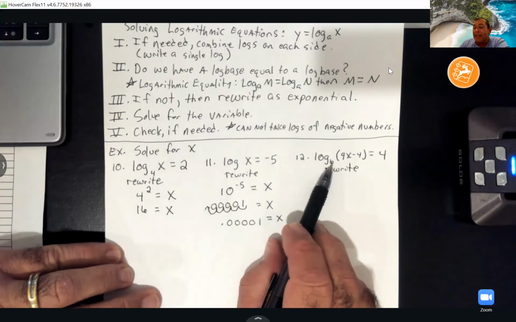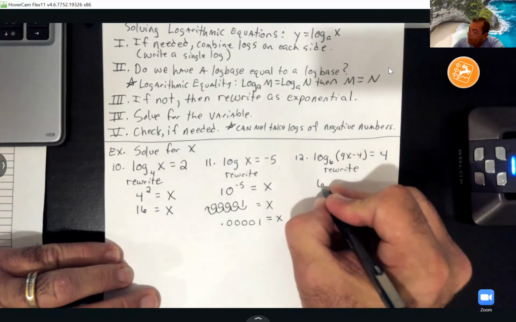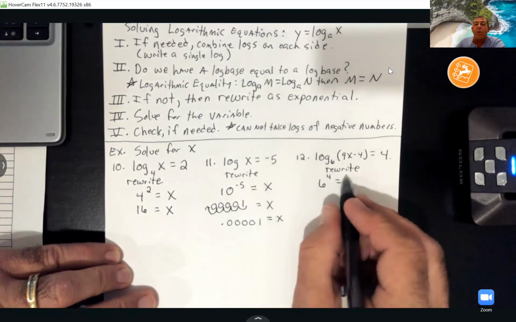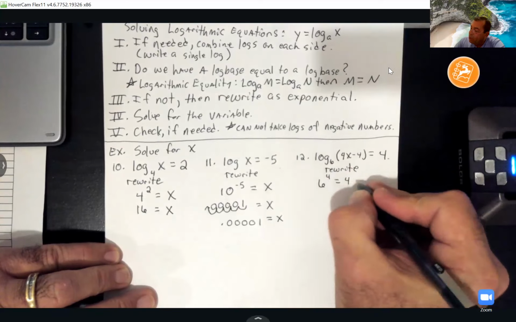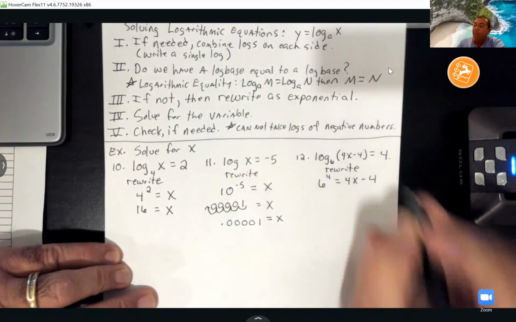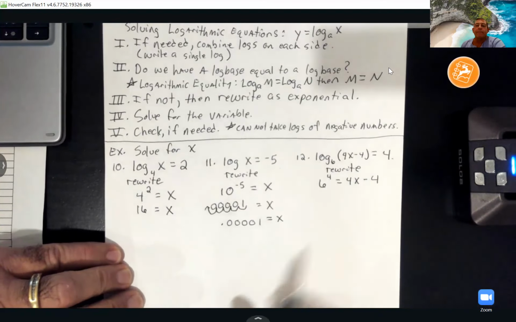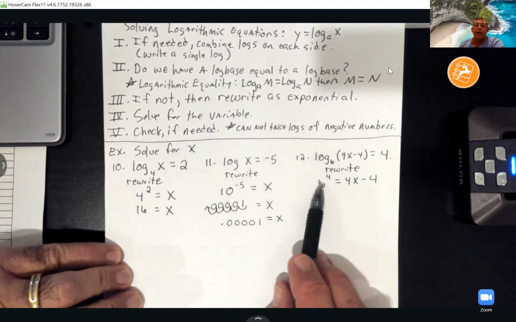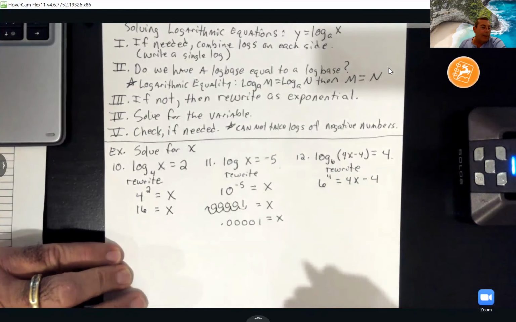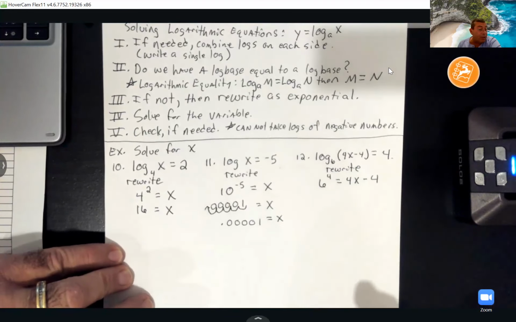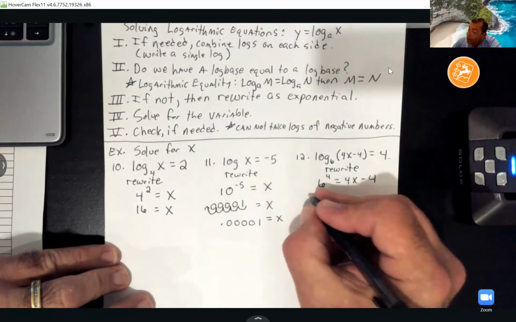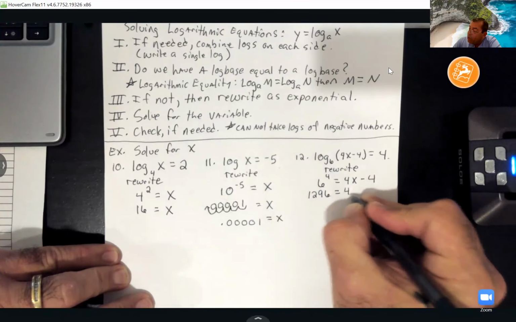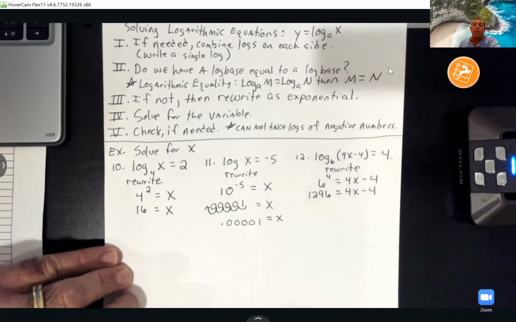So the base is 6, the exponent is 4, and 6 to the 4th has to equal 4x minus 4: base, exponent, result. I would figure out what 6 to the 4th equals first, and that gives me 1296. That's going to equal 4x minus 4.